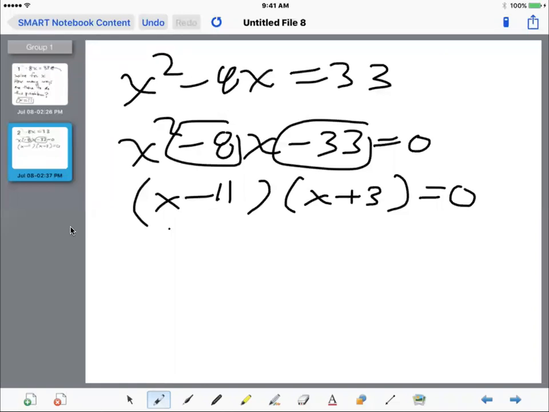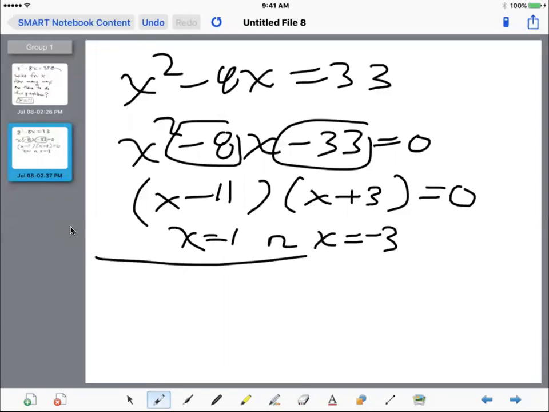So if it does factor, we're able to answer the question that way. But that's not how the Babylonians would do this question. I just want to do a little survey of different ways.